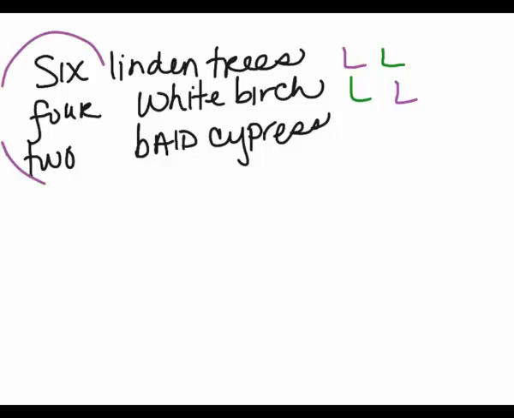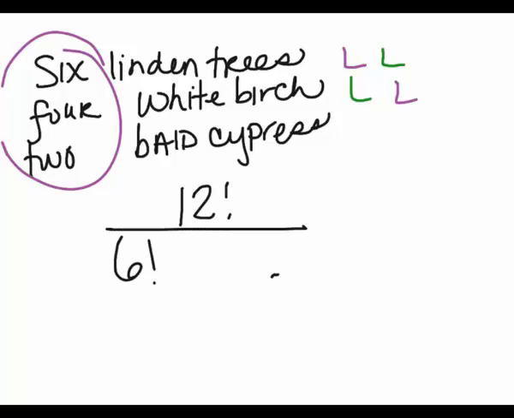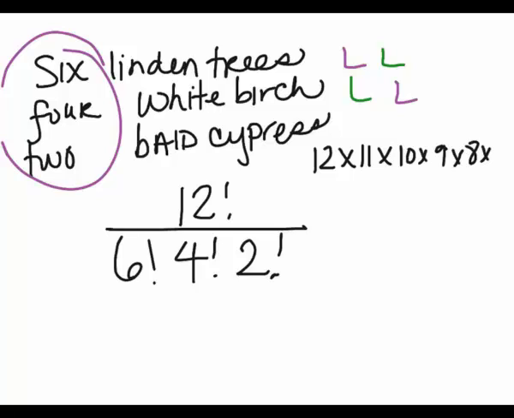Well, then how many trees do we have total? We have 6 and 4 and 2, 12 trees. So that's 12 trees total. So it's 12 factorial, and I have 6 linden trees, 4 white birch trees, 2 bald cypress trees. And that's what I'm going to compute. So I know I'm going to do 12 times 11 times 10 times 9 times 8 times 7.